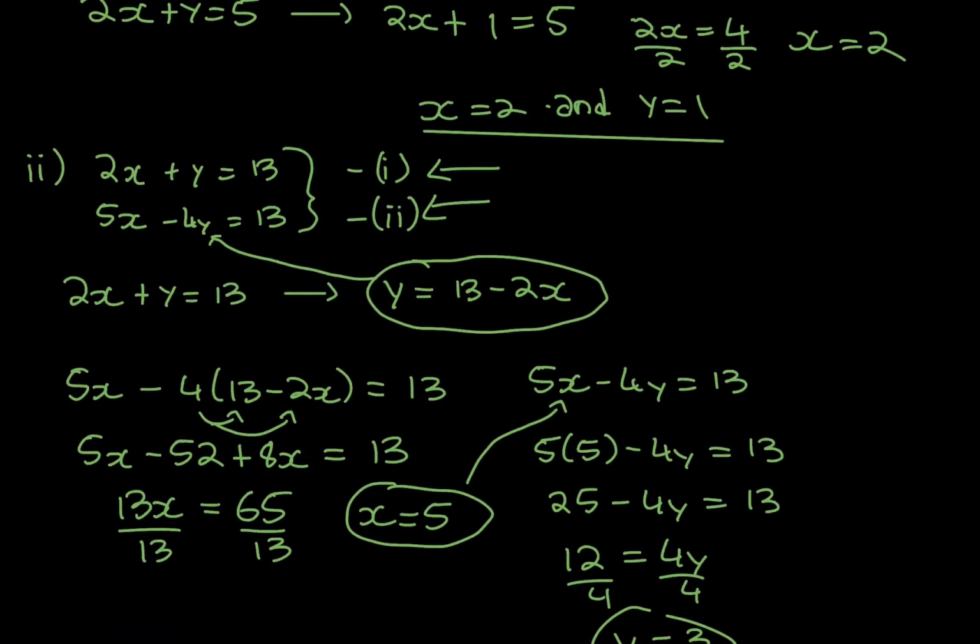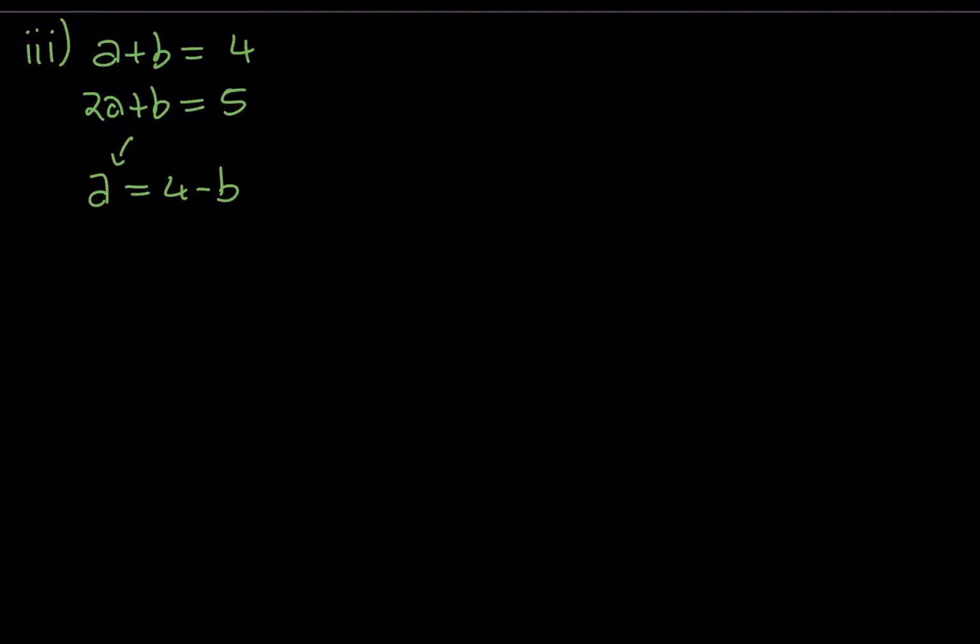Now I'm going to move on to my final example. Let's say you're given the equations a plus b is equal to 4 and 2a plus b is equal to 5. Same as before, pick an equation. I'll pick the first one. I'll say a is equal to 4 minus b. In this case, I made a the subject of the formula.